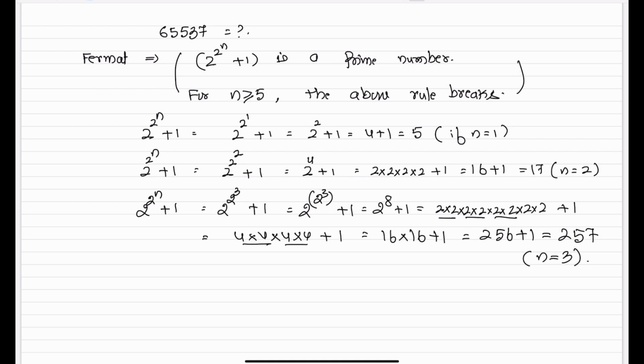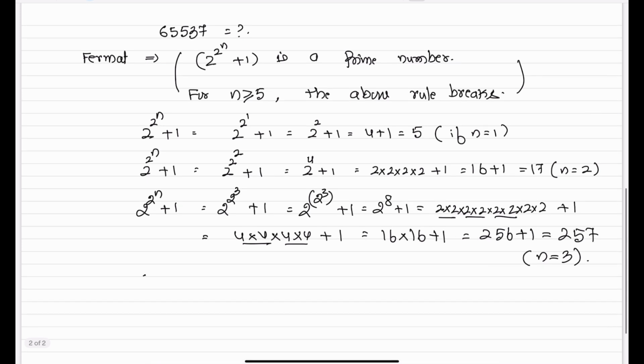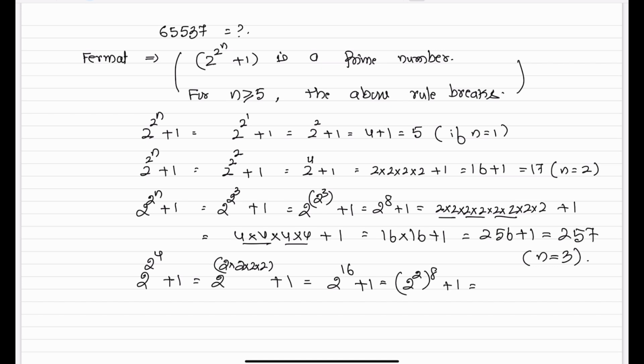Now for n is equal to 4: 2 to the power of 2 to the power of 4 is 4 into 4, 16. So 2 to the power of 16 plus 1, that is equal to 2 to the power of 2 to the power of 8 plus 1, that is 2 to the power of 4 to the power of 4 plus 1.